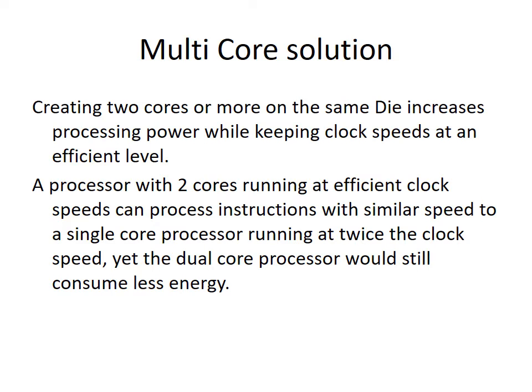Creating two cores or more on the same die increases processing power while keeping clock speed at an efficient level. A processor with two cores running at an efficient clock speed can process instructions with similar speed to a single core processor running at twice the clock speed. Yet the dual core processor would still consume less energy.